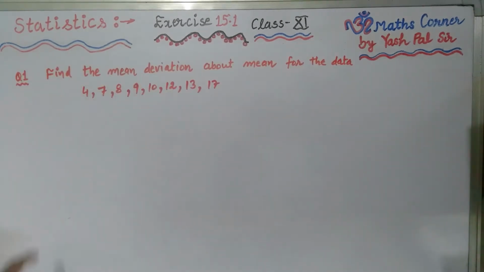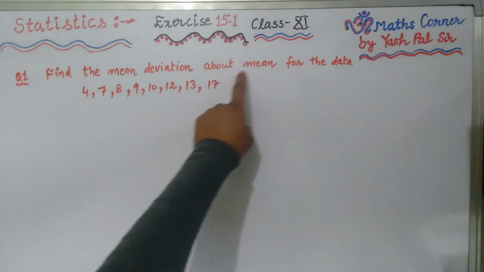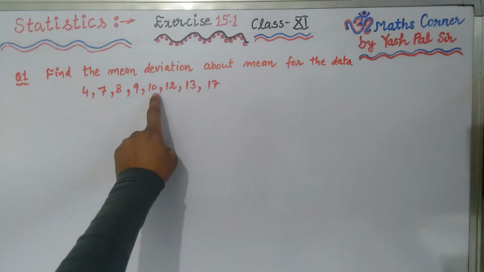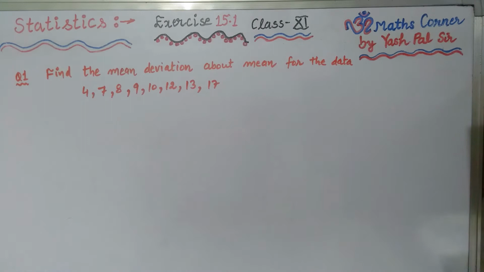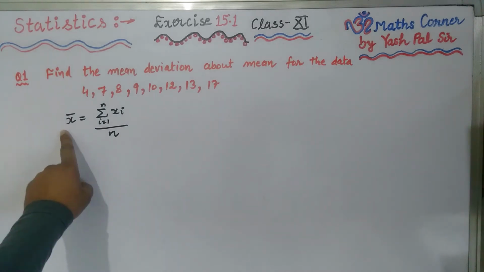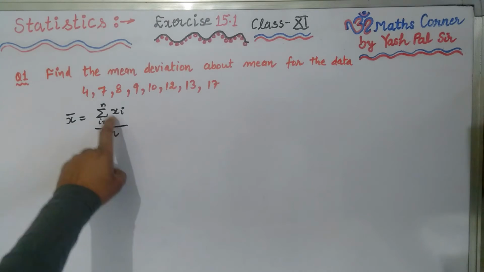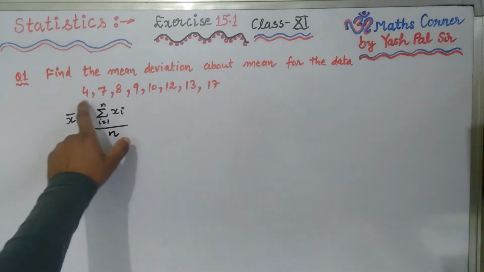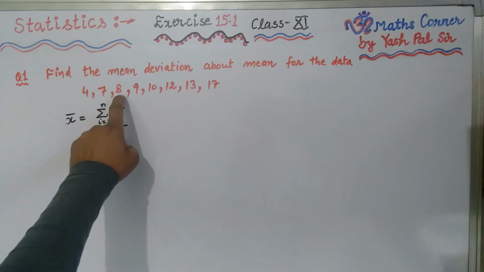The very first question is: find the mean deviation about the mean for the data 4, 7, 8, 9, 10, 12, 13, 17. This is ungrouped data. Okay, so first of all we find the mean. Here first of all I am writing the formula for finding the mean: summation i is equal to 1 to n xi upon n. Xi means these observations, this is x1, this is x2, this is x3.